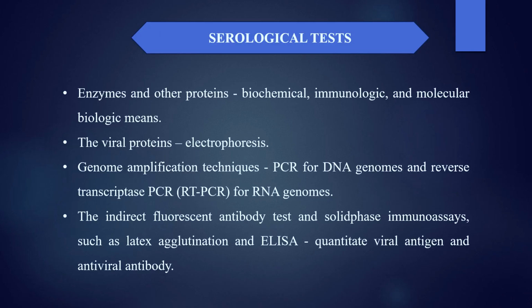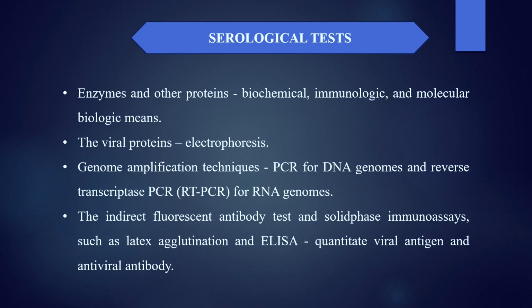Serological tests. The enzymes and other proteins produced during viral replication can be detected by biochemical, immunological, and molecular biological means. The viral proteins can be separated by electrophoresis, and their patterns are used to identify and distinguish different viruses.